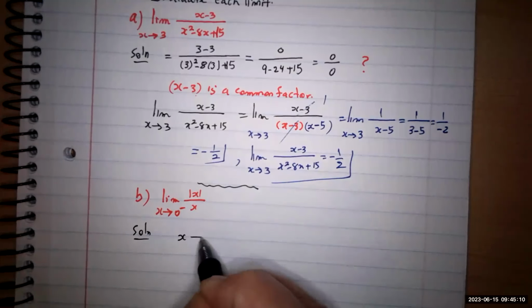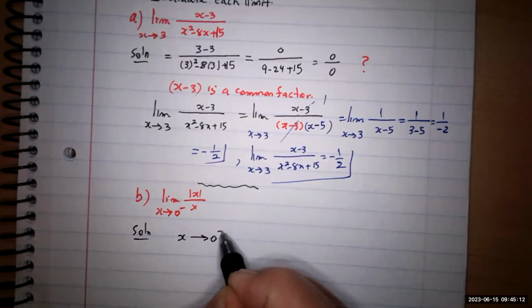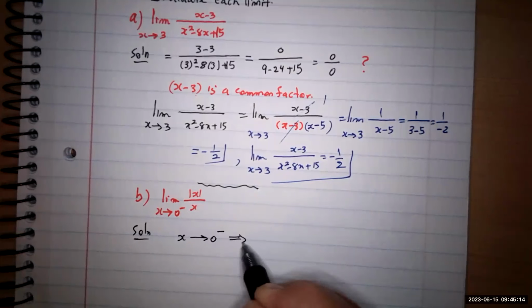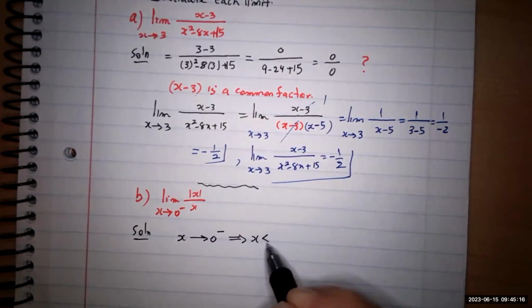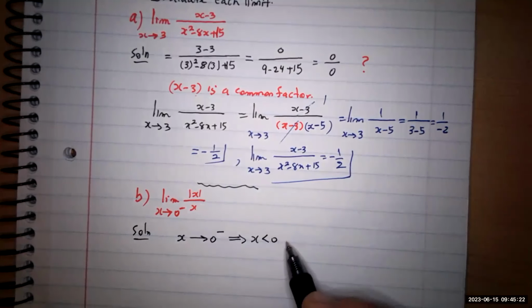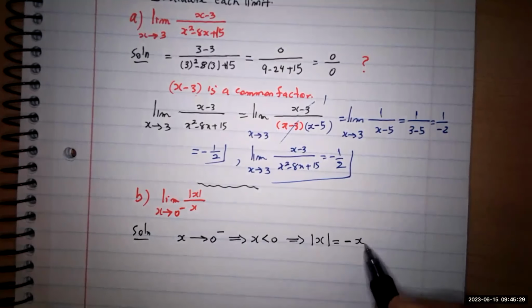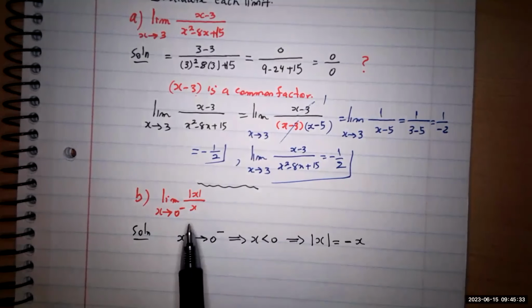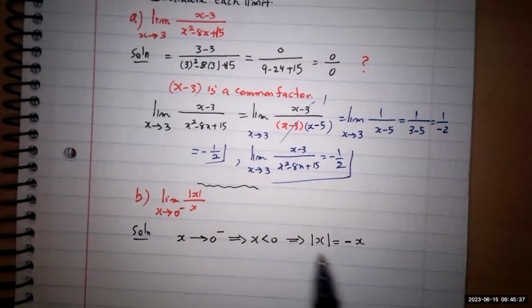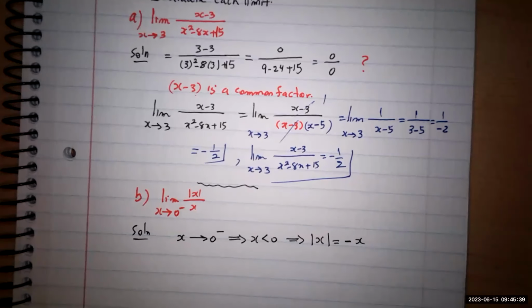For your information, that implies that x is less than 0, which means x is a negative number. So the absolute value of x, remember, is the opposite of x, negative x. If x goes to 0 positive, then x would be positive, so the absolute value of x would be positive x.